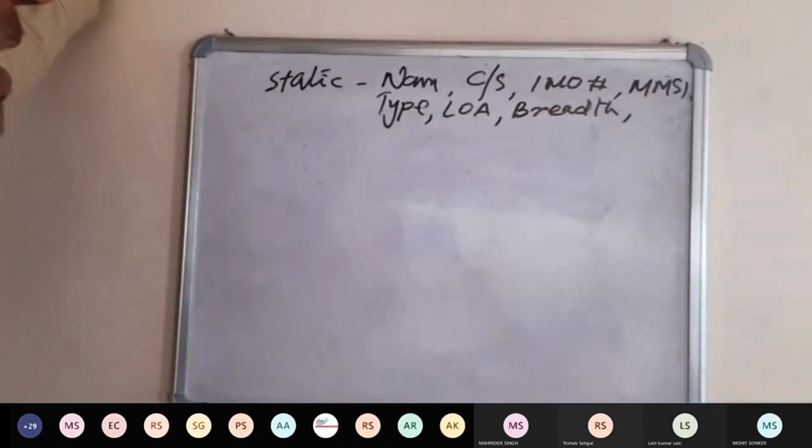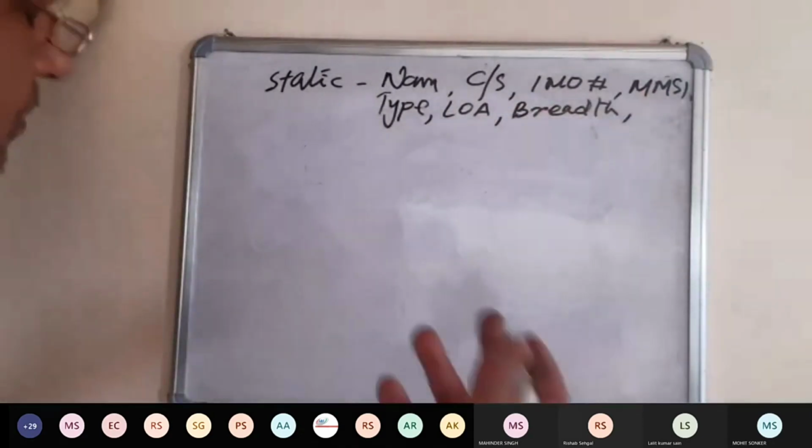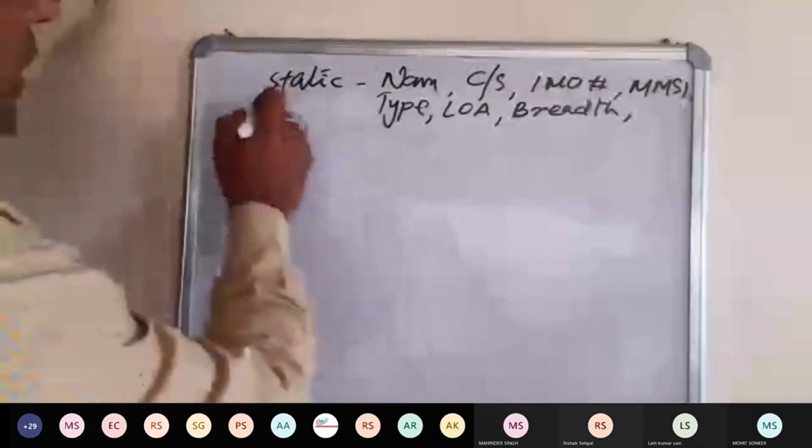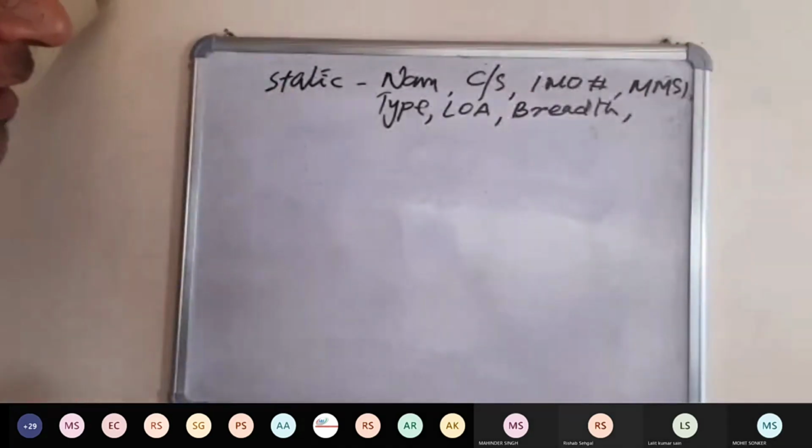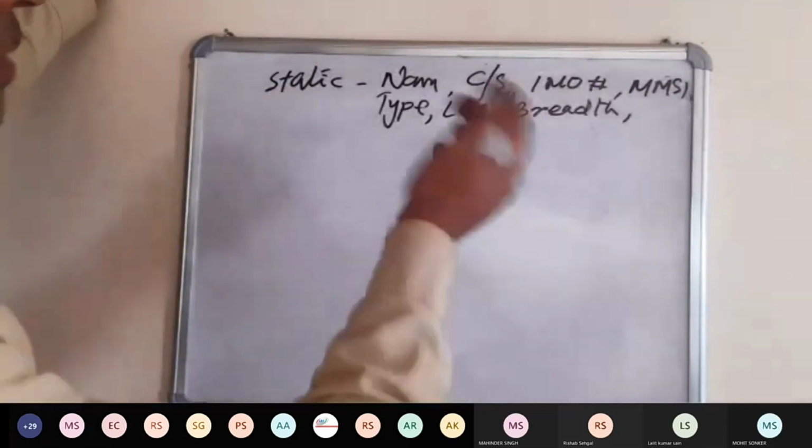These are the static data, which do not change with time as long as the ship is with the same registry and same ownership.